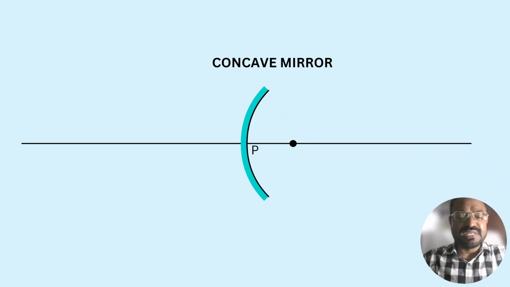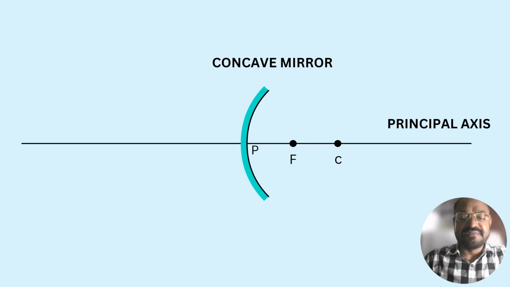Take 1 or 2 centimeters from the pole and mark that point as capital letter F, which is called the principal focus. Mark another point equidistant from P and F, and mark that point as capital letter C, which is called the center of curvature. We have already studied that a line joining the pole of the mirror, principal focus F, and center of curvature is called the principal axis.